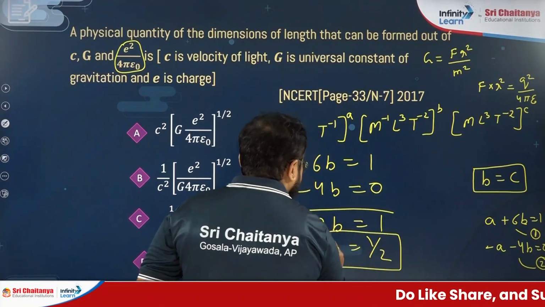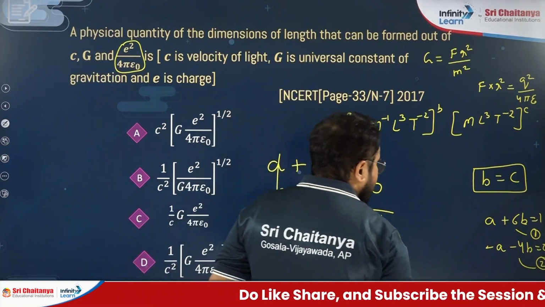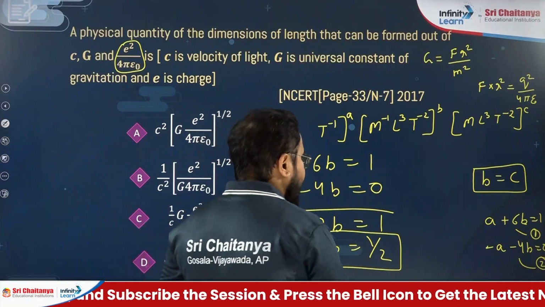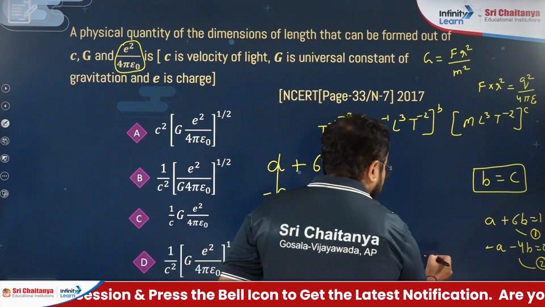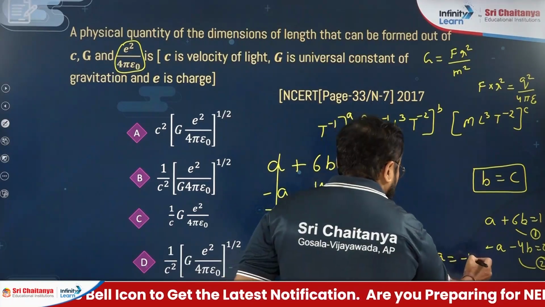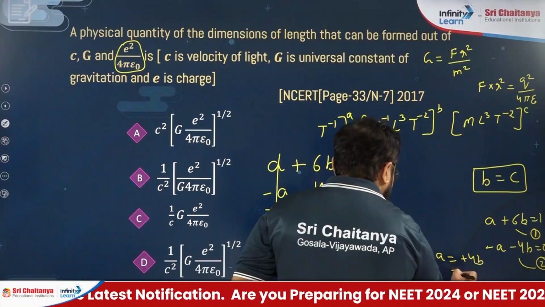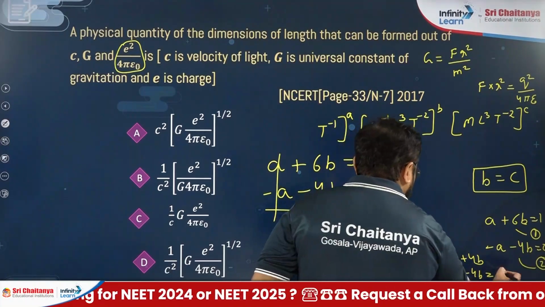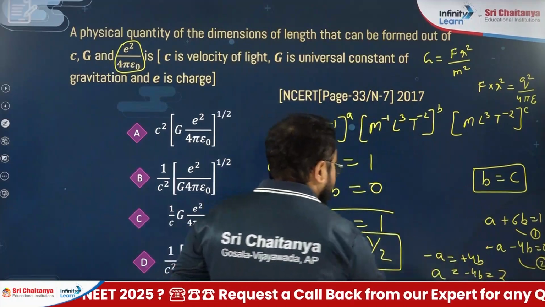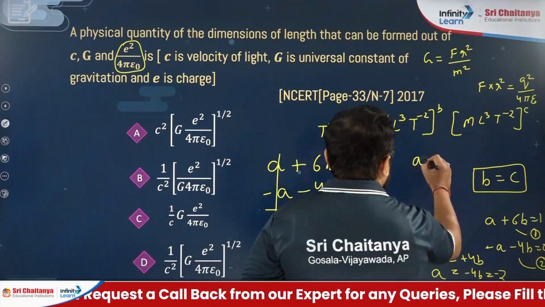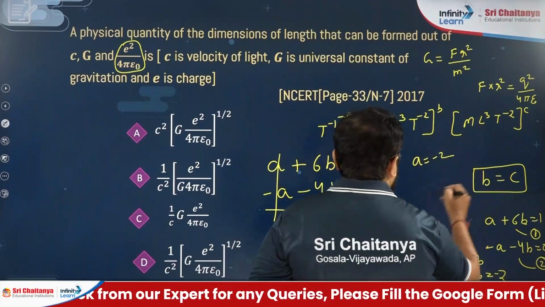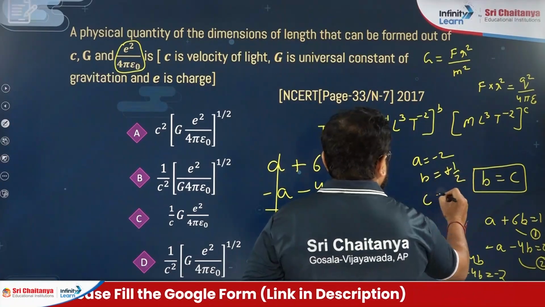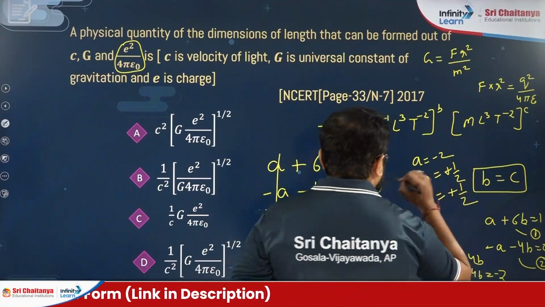Once you get B equals to half, substitute the value of B. Minus A equals to plus 4B, that will become A equals to minus 4B, that is minus 2. So your A will be minus 2, your B will be plus half, and your C will also be plus half.